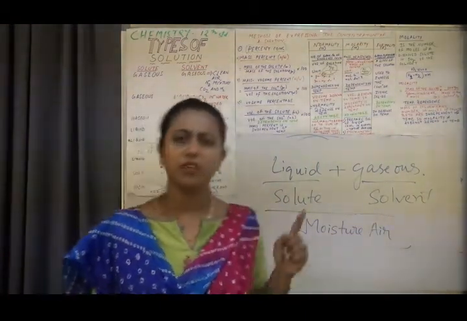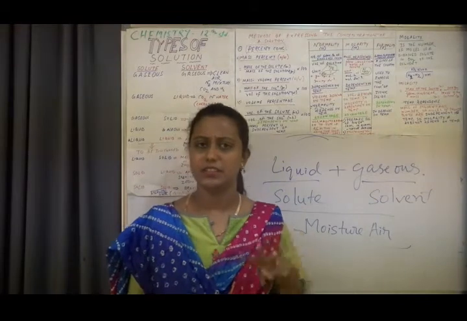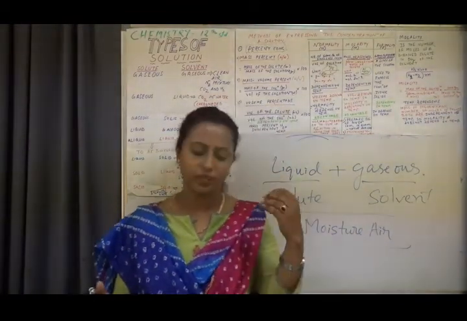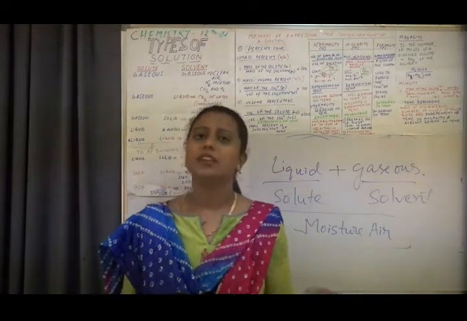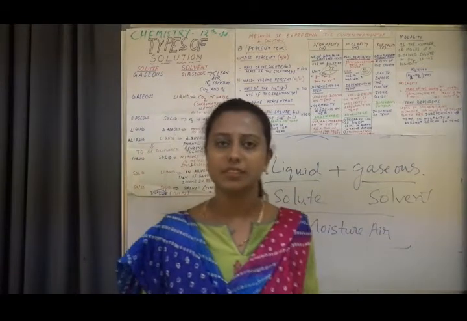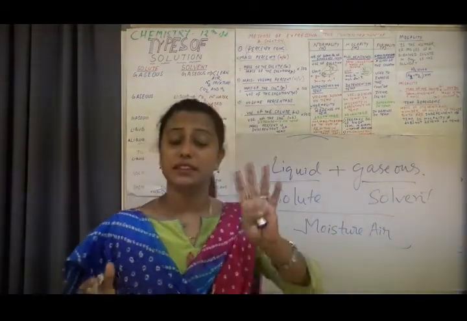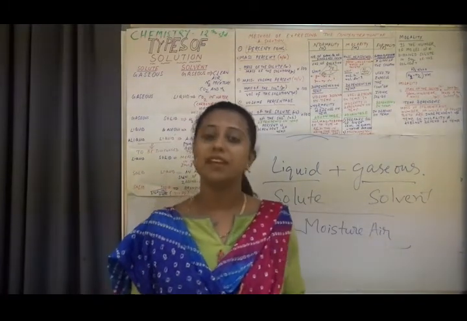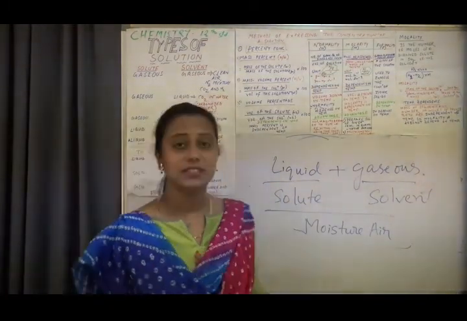One question you may have learned in class 9-10 in the Madhyamik standard: why in the rainy season, when we hang clothes to dry, they don't dry easily, whereas in the summer season they dry very easily? Because the humidity, meaning the water content present in the air in the rainy season, is very high.